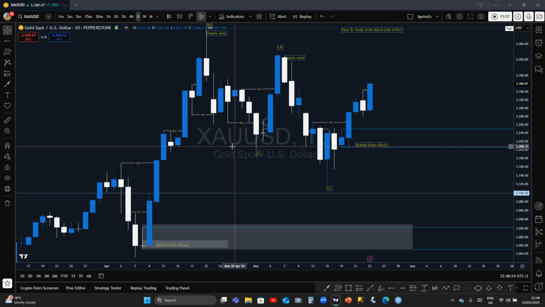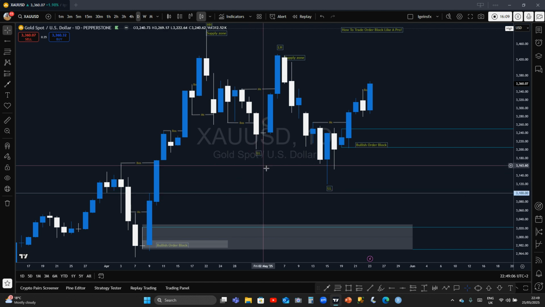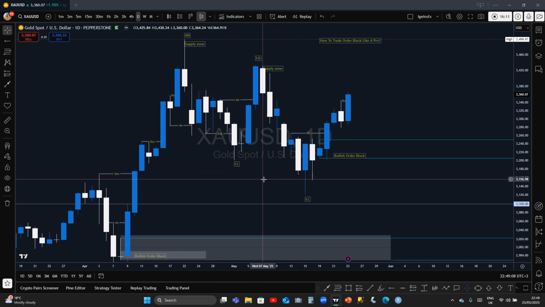Use that one to facilitate the movement to now create a lower low before you now start pushing to the upside to now give you a market shift. Then after the market shift, price will now pull back, then break a structure. Then the trend has switched from a bearish trend to a bullish trend.